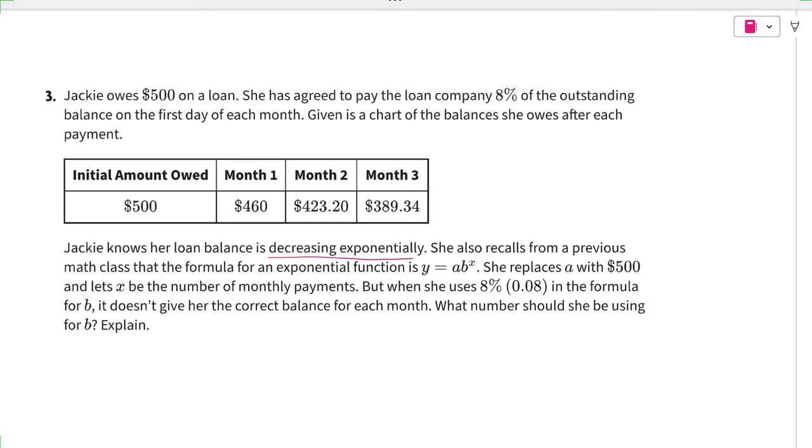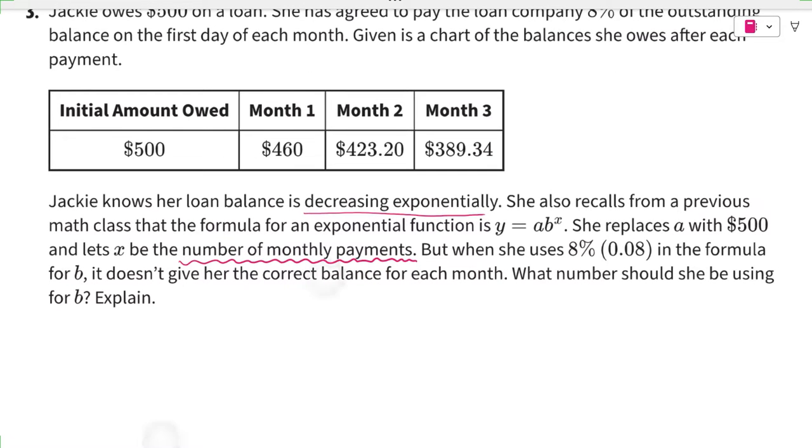She replaces a with 500 and lets x be the number of monthly payments. So our time here is in months, not years. So that's good to note. When she uses 8% or 0.8 in the formula for B, it doesn't give her the correct balance for each month. What should she be using for B?